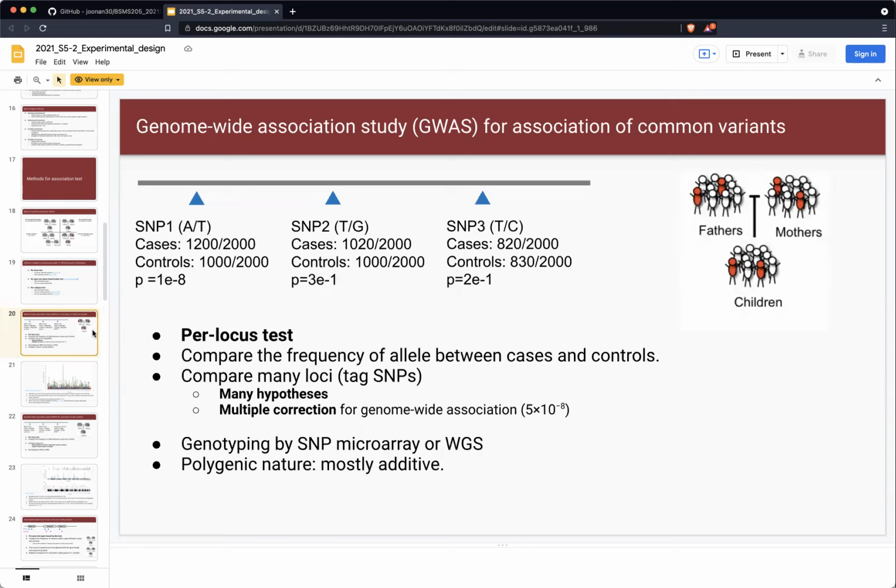Okay, so the first application, the first methodology, is the per locus test. We commonly call this method the genome-wide association study, or GWAS for short, right? GWAS typically looks at the association of common variants, right?